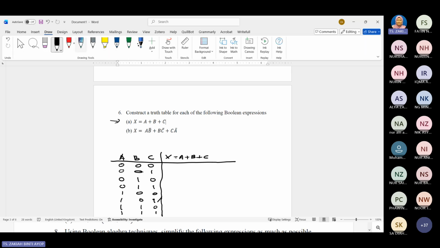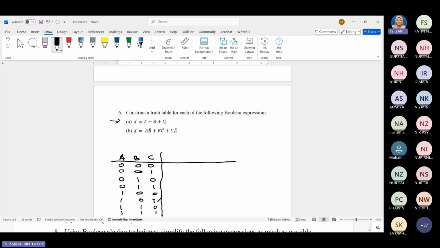Now, the second question is quite tricky. If you are a newbie, you are not so proficient in understanding the logic, please start with the easiest one. We divide it into several portions.